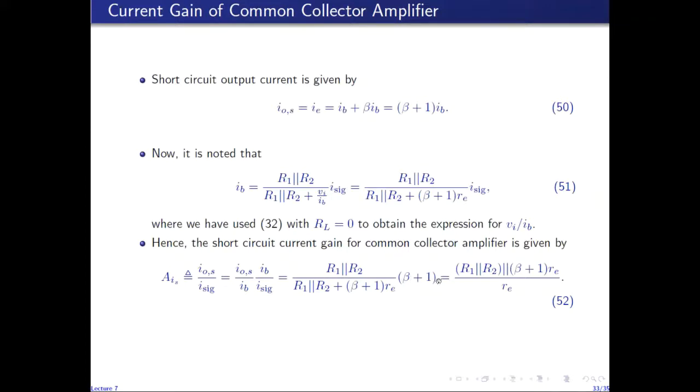So when I multiply the numerator with small RE, then R1 in parallel with R2 times beta plus 1 small RE divided by this denominator becomes equal to this parallel combination. And then this small r in the denominator can be written separately. So this is the expression for the short circuit current gain of the common collector amplifier.